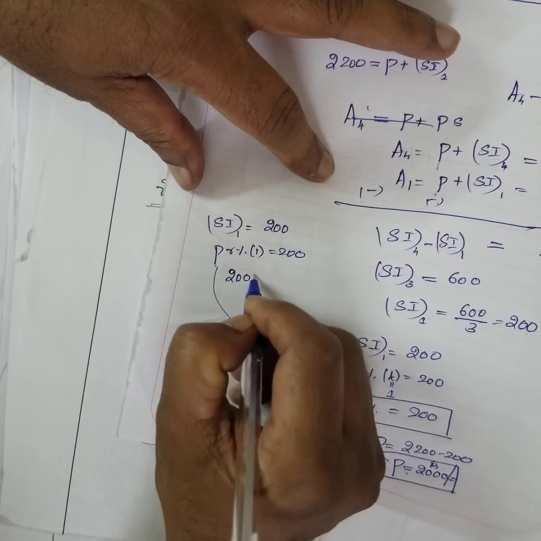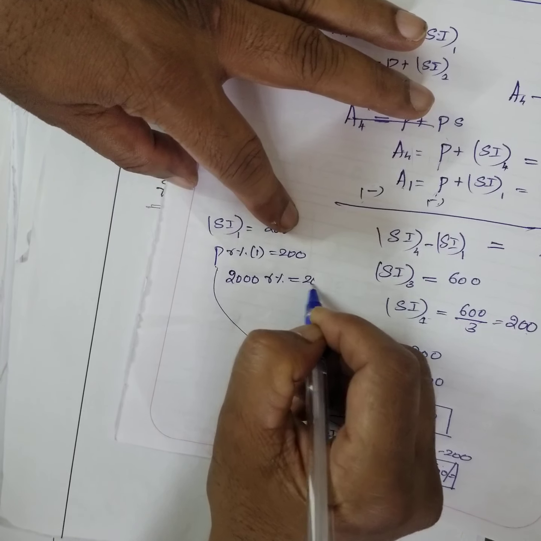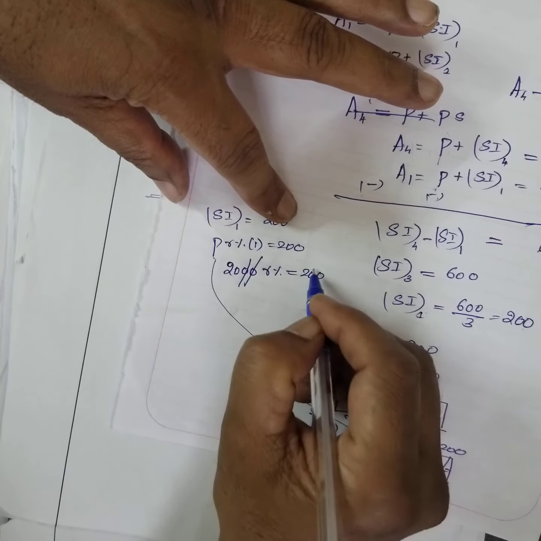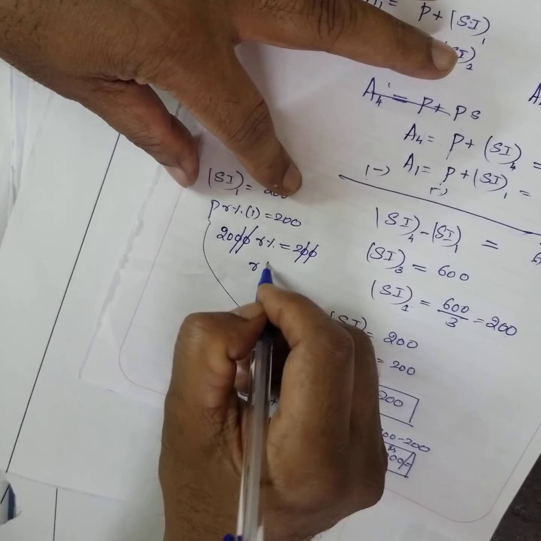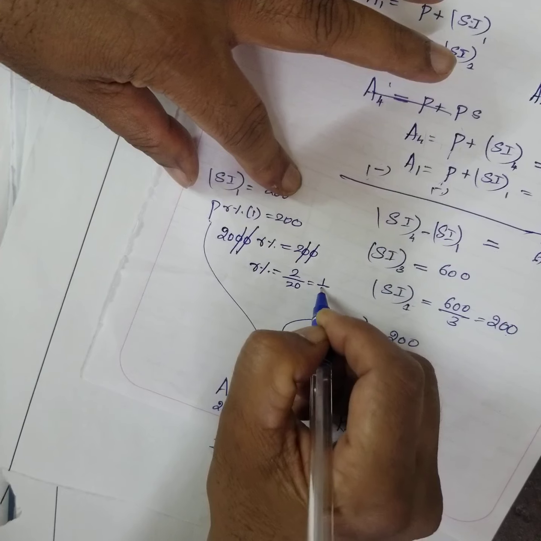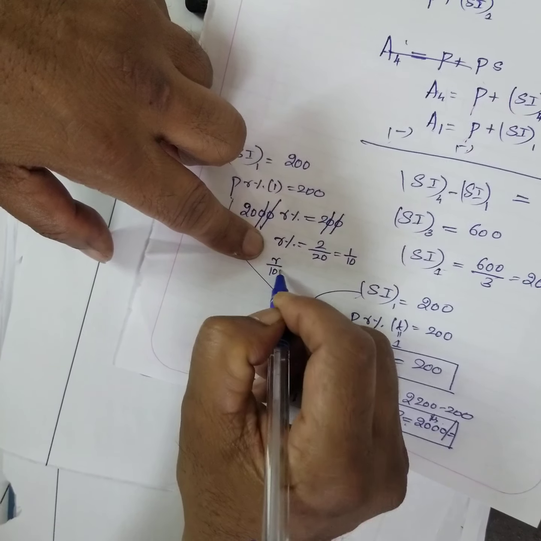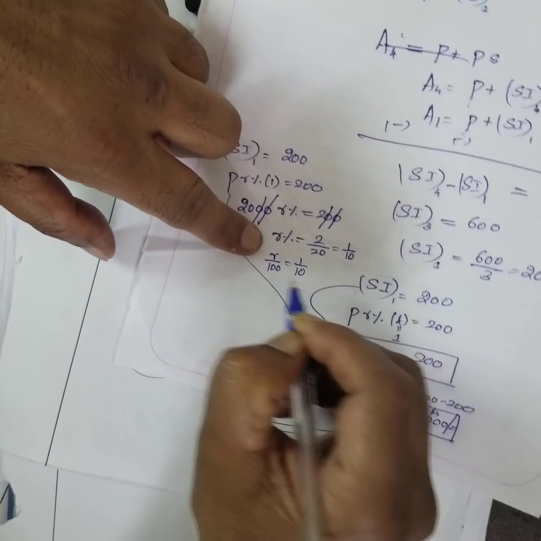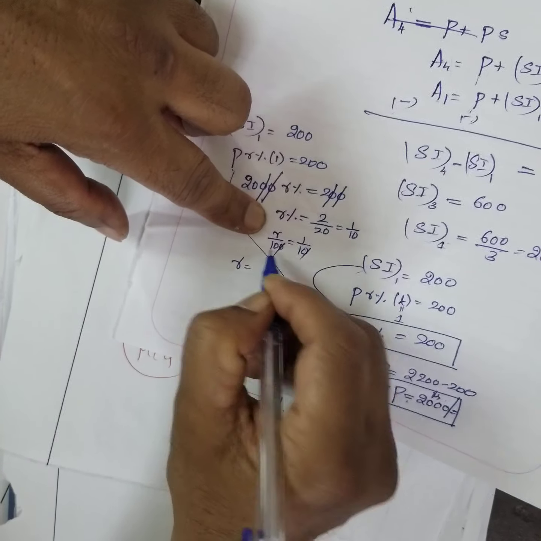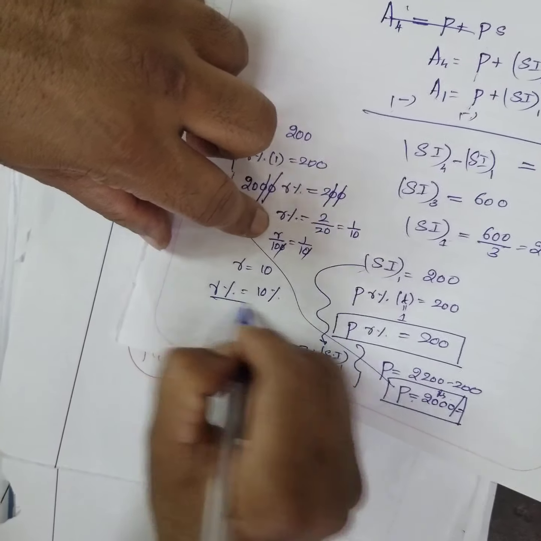Therefore, 2000 into R percent is equal to 200. You cancel this. Therefore, R percent is equal to 2 by 20 or 1 by 10, or R by 100 is equal to 1 by 10. Cancelled, R is equal to 10. Therefore, the rate of interest is equal to 10%.